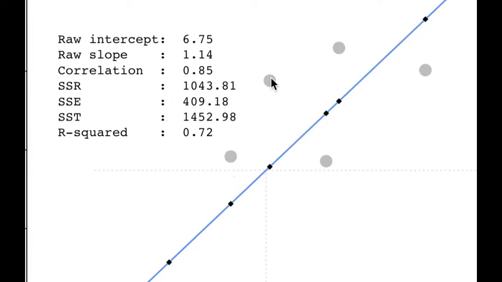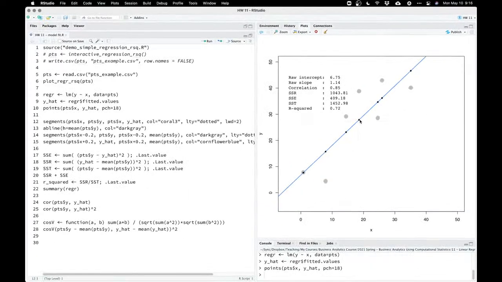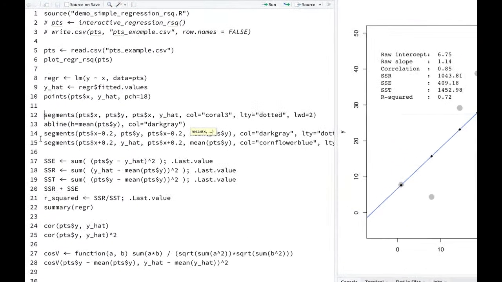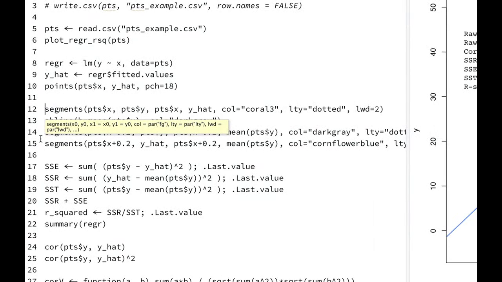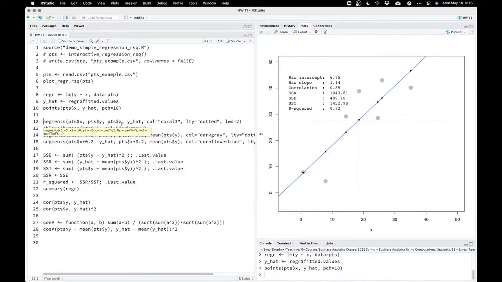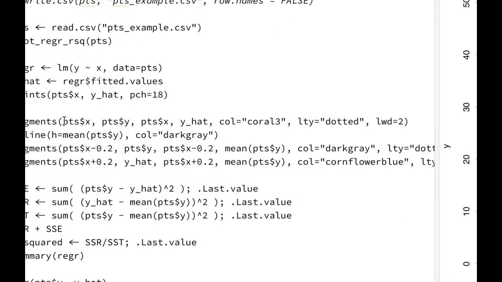For every point of actual data, there's a corresponding Y hat down here.